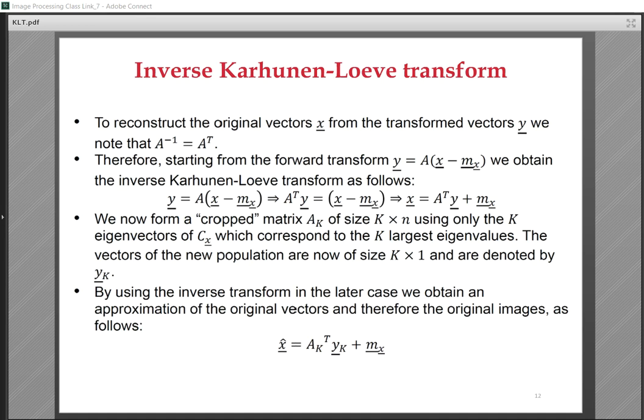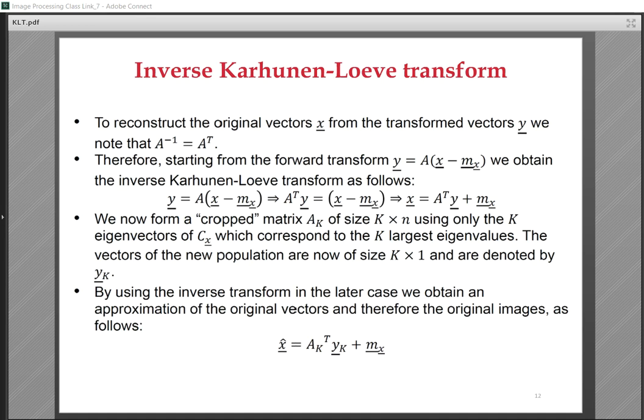X is A transpose Y plus mx. But when constructing y, we knew that we could eliminate some vectors, the small variation images, and here in reconstructing we have a new x hat that is almost the original x.